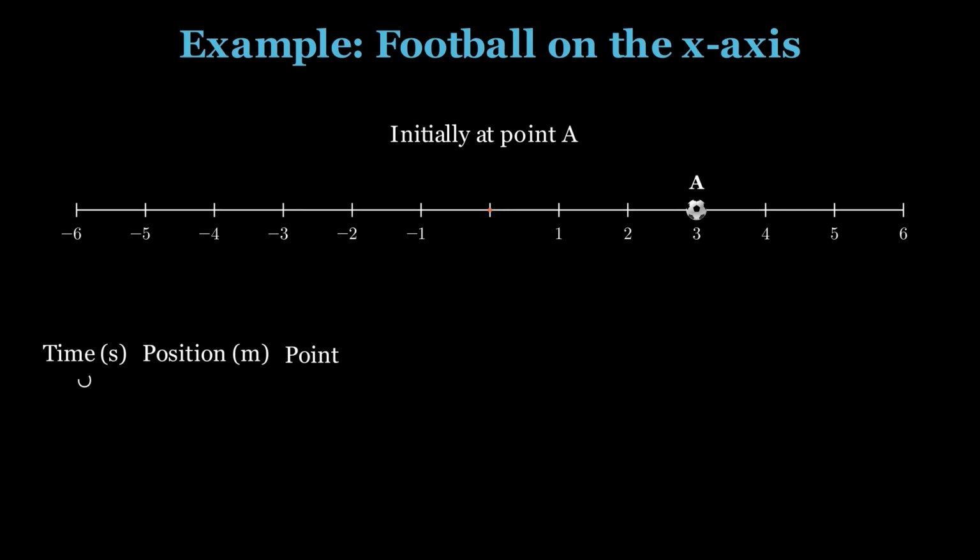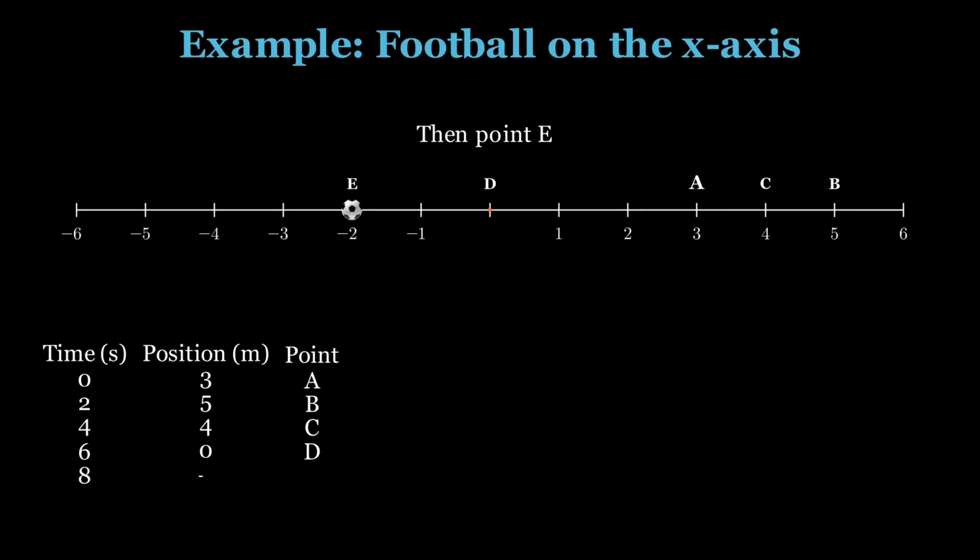So initially, the ball was 3 meters to the right of the origin, that is point A. At the 2nd second, it is at 5 meters, point B. At the 4th second, it is at 4 meters, point C. At the 6th second, it is back at the origin, point D. Then it goes further left, minus 2 meters at point E and minus 4 meters at point F.